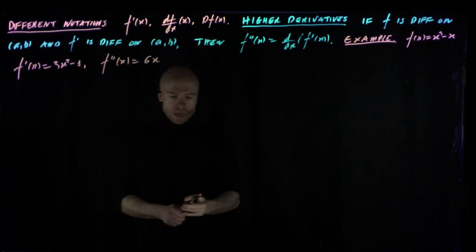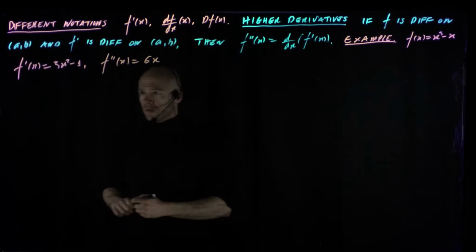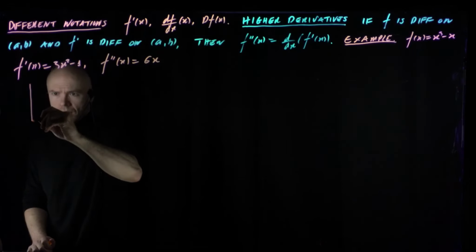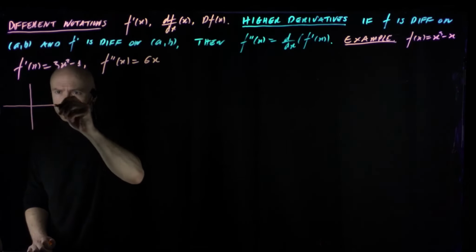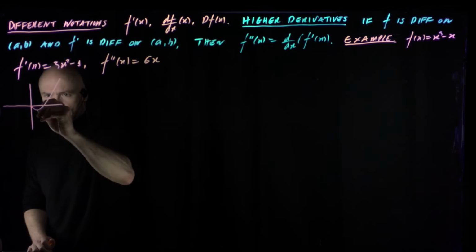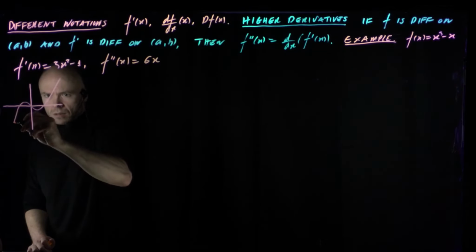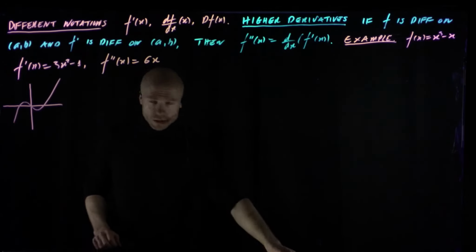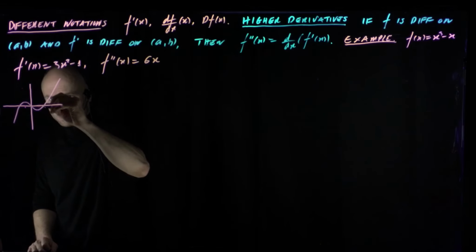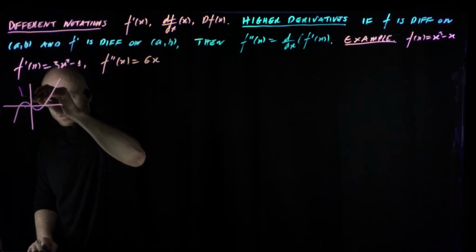Yeah? And let's see if that conforms with our picture. So we learned that the graph of f looks like this. We saw that the graph of the derivative looks like this.